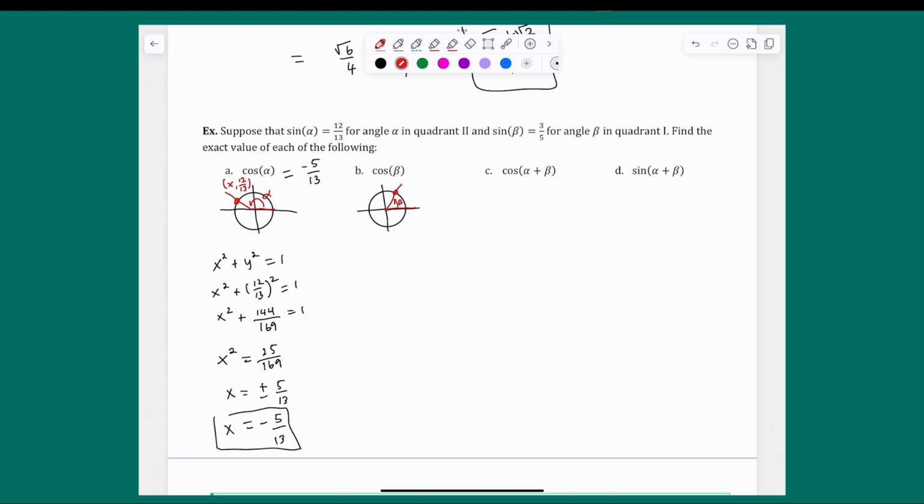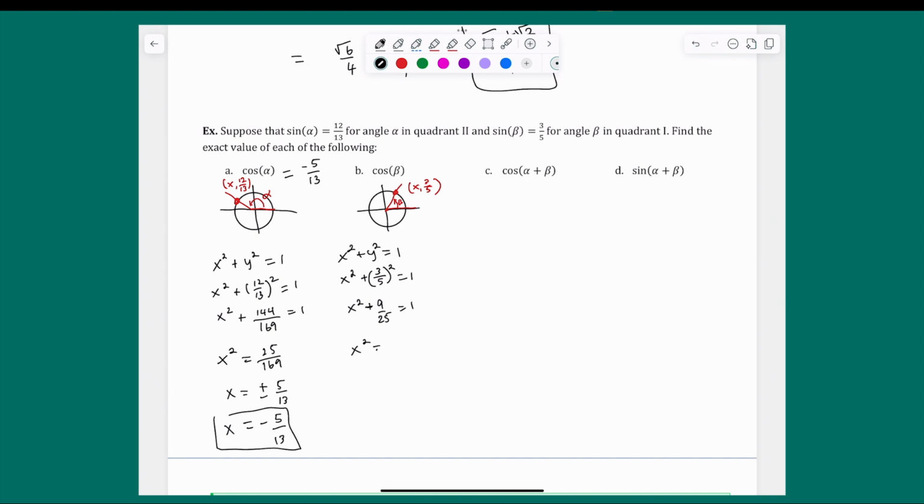And it would intersect at coordinates x comma 3/5. And once again, using the unit circle fact that x squared plus y squared equals 1, we have x squared plus 3/5 squared equals 1. Sorry, x squared plus 9 25ths equals 1.